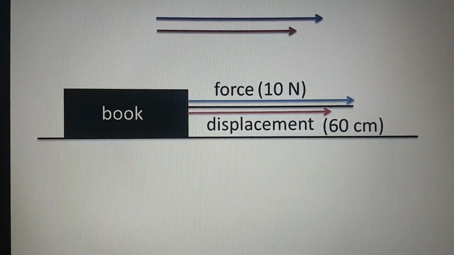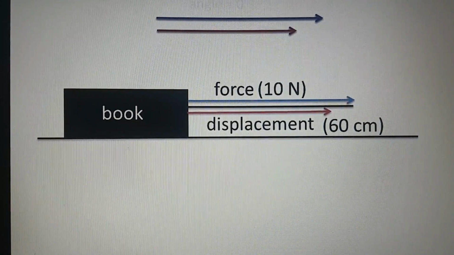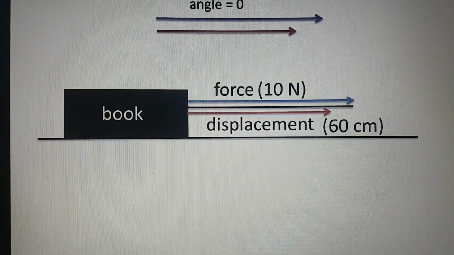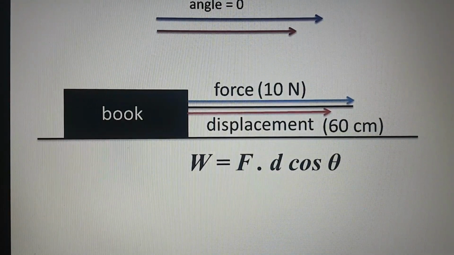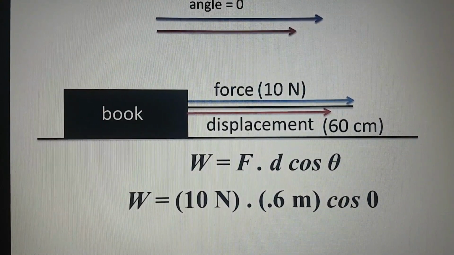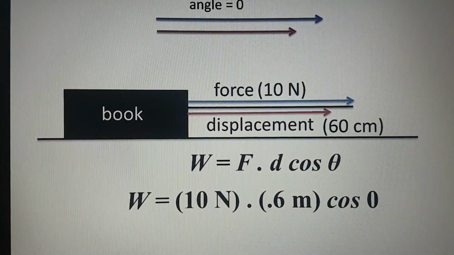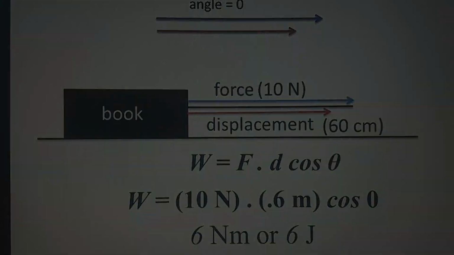And we can see once again that the force is parallel to displacement, meaning the angle is equal to 0. So from our formula, work is equal to force times displacement cosine theta, we have 10 Newtons multiplied by 0.6 meters cosine 0 is equal to 6 Newton meters or 6 joules.